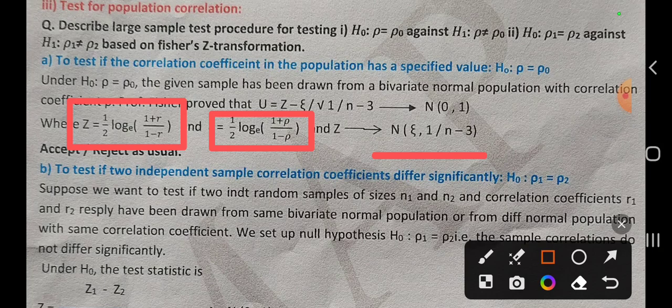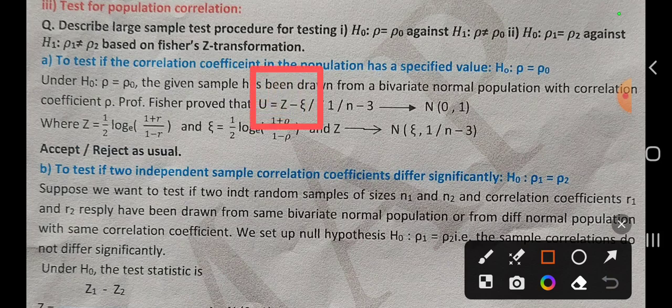So u is equal to z minus xi divided by the square root of 1 upon n minus 3, which follows normal 0, 1. Find out this value of u, which we call the calculated u.